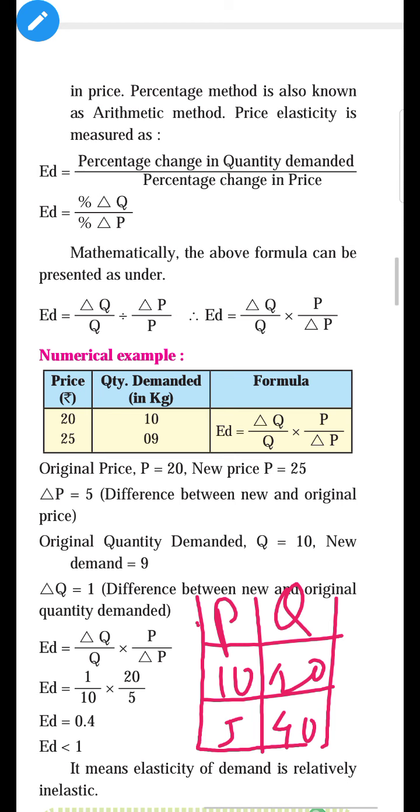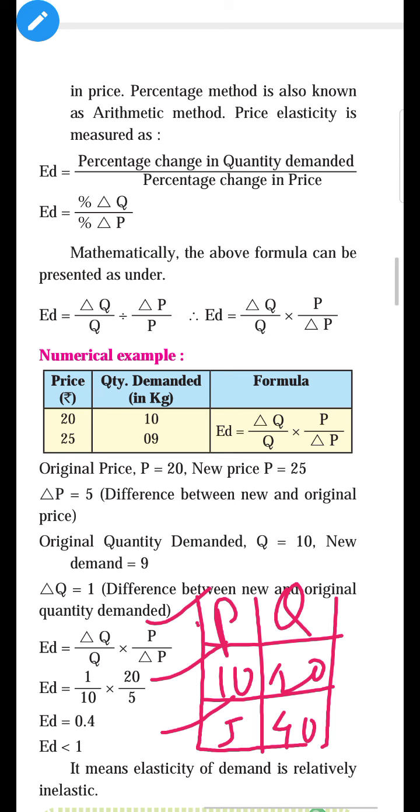The question is: find out the price elasticity of demand by using the ratio method or the percentage method, because the answer comes the same when you apply both methods. This is your homework, just for understanding.